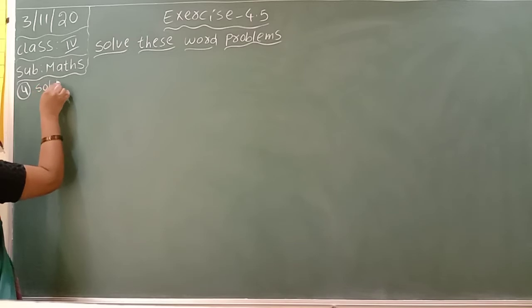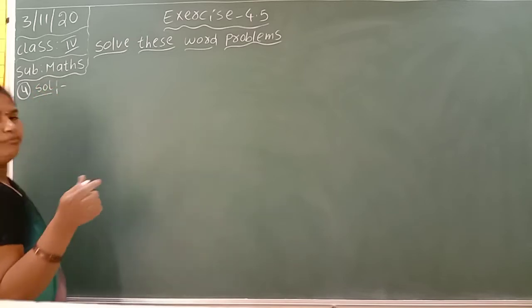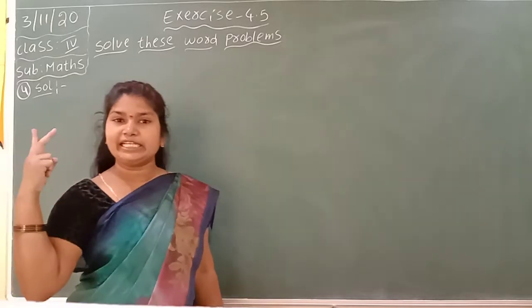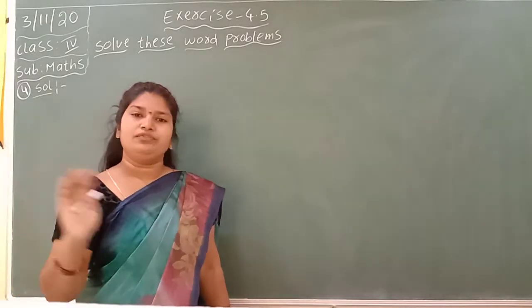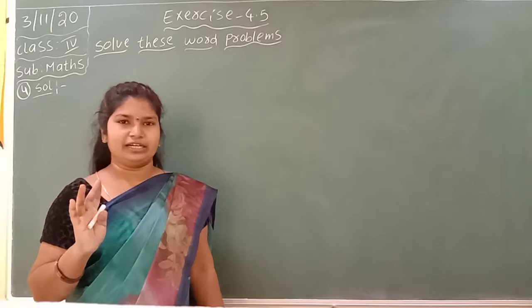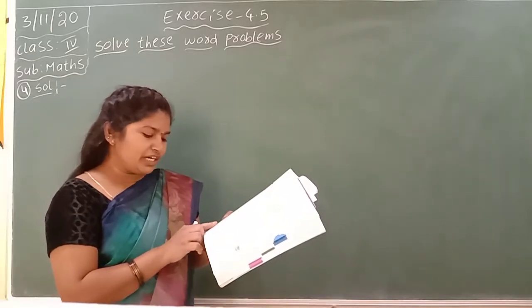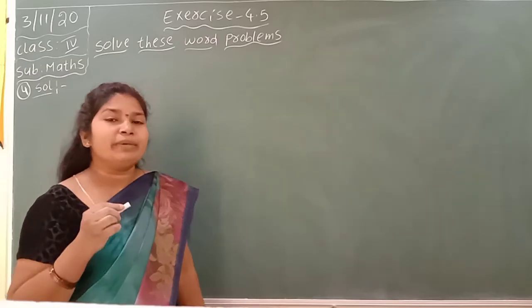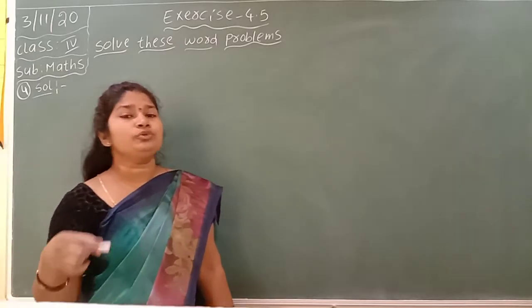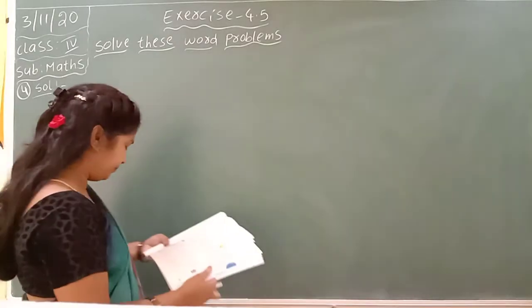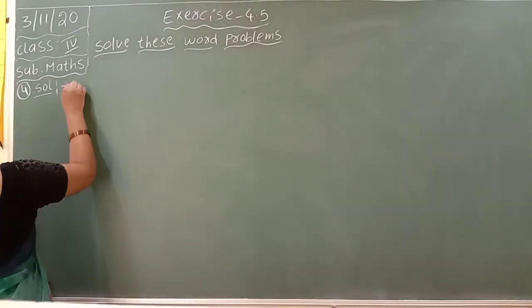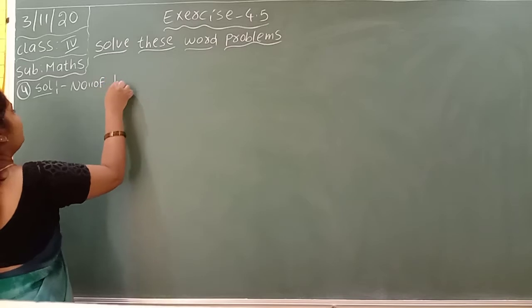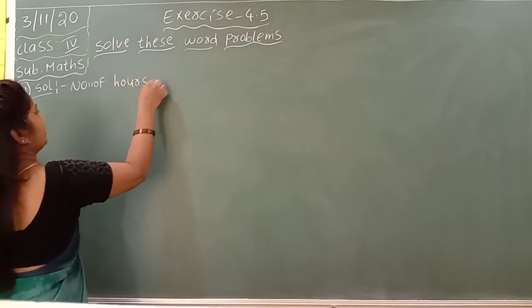4th one, solution. Before starting the answer, you have to read the question at least 2 or 3 times. Then you are getting one idea. Okay. Anu studies 2 hours every day. Means number of hours Anu studies. First step you can write down. NOF is nothing but number of hours.